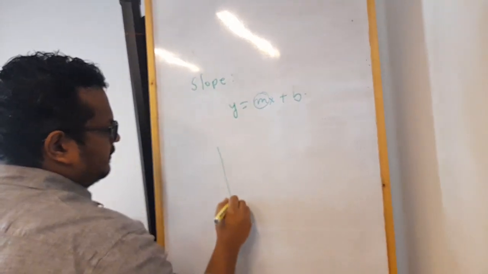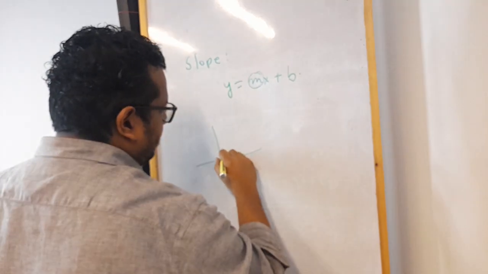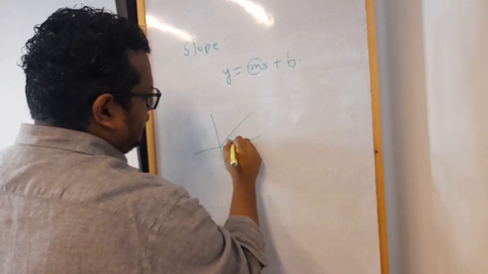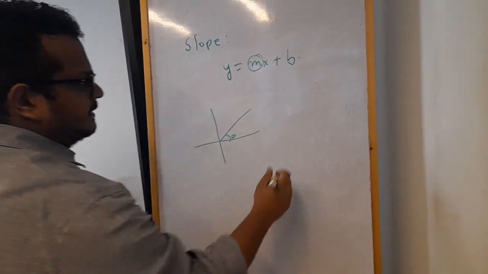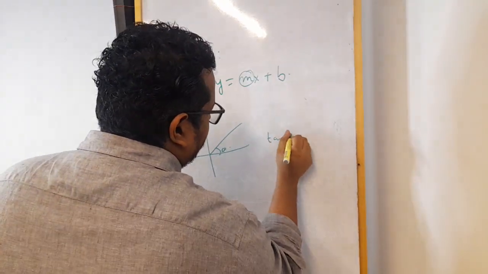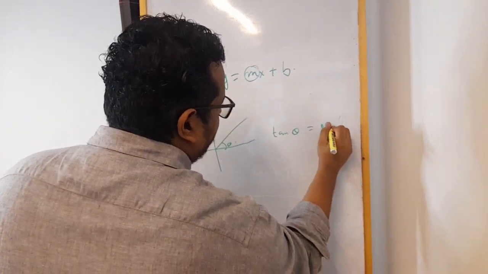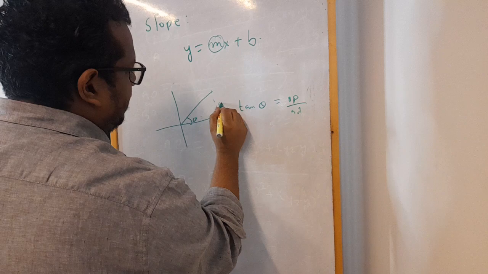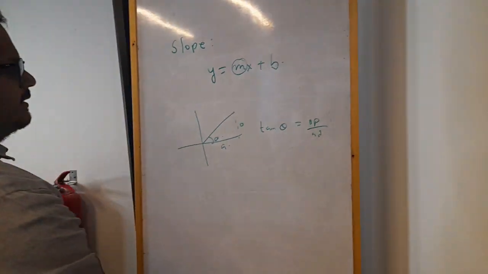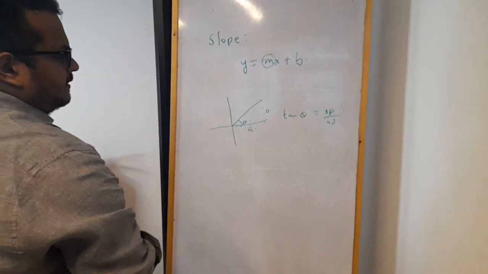What is a slope? Slope is basically the tan theta that it makes with the x-axis. And how can you find tan theta? This is opposite by adjacent, right? So this part is the opposite and this part is the adjacent.